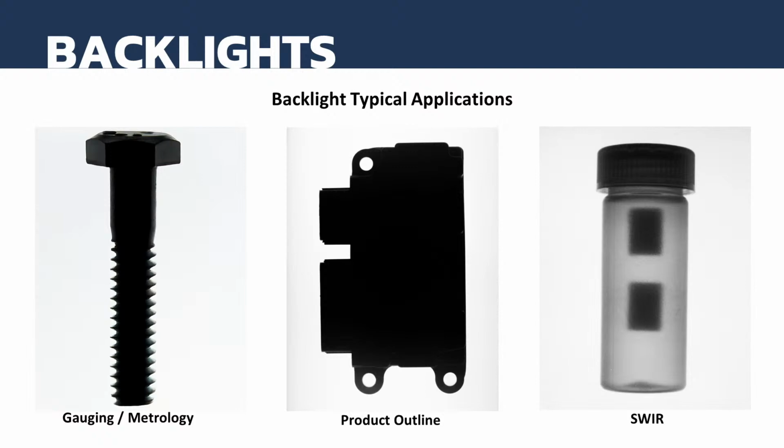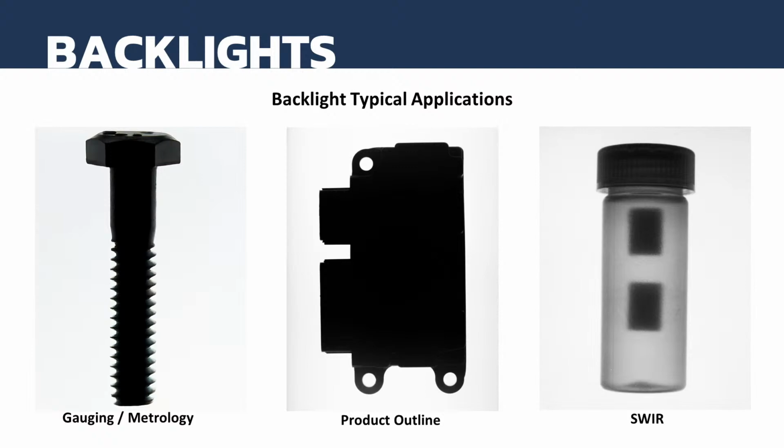So there's three places then where we typically use backlights. One is gauging and metrology, as I've been alluding to. The other is simply finding outlines. So sometimes we need to outline a product. They're used often for checking gaskets, for example, that there's no flash in the gaskets, that the operator's selecting the right gasket, the right assembly step. In those cases, they're just outlining gaskets or sometimes the outline of a part to verify that they have the right parts.